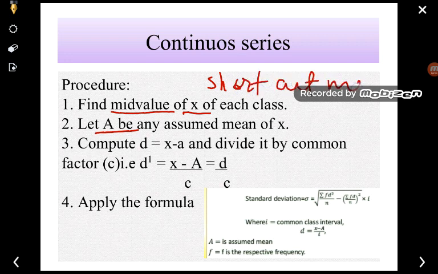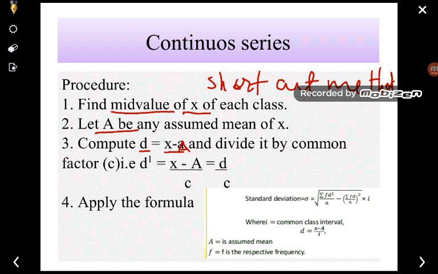First find out the mid value, then take any assumed mean of the x, and then compute d, the deviation. Deviation is always x minus A, where capital A is the assumed mean.